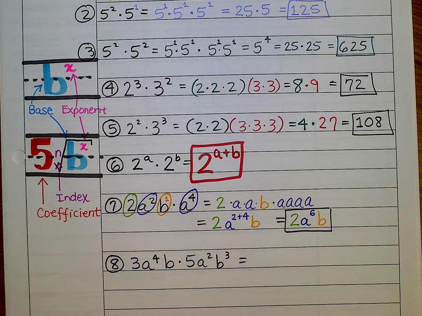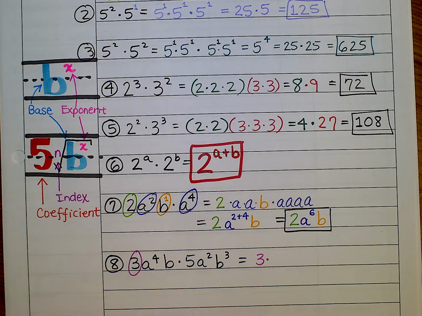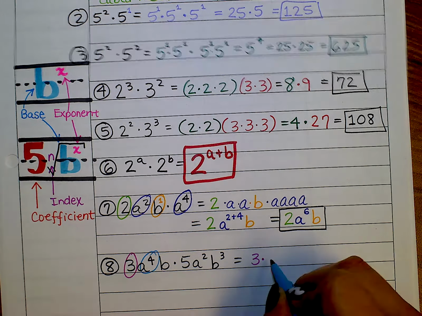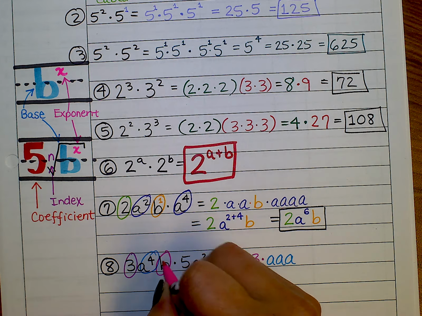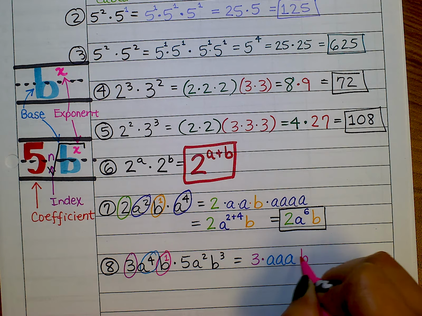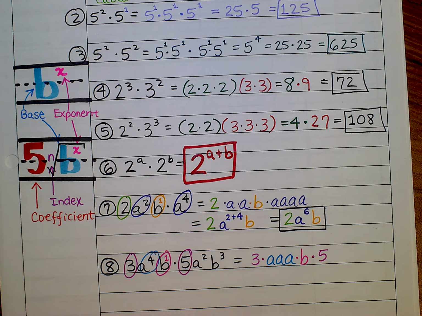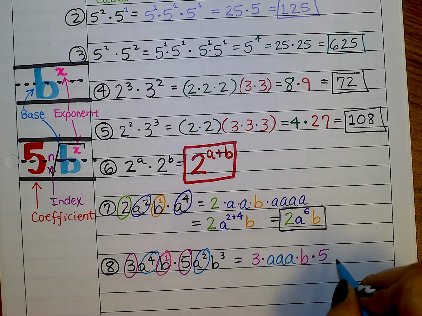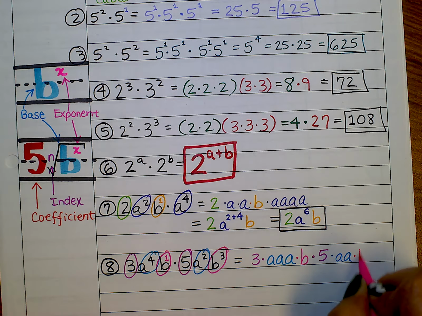Now here, I had 3 times a times b, just one of them, times 5 times a squared, so that would be a times a, and then here I have b cubed, so b times b times b.